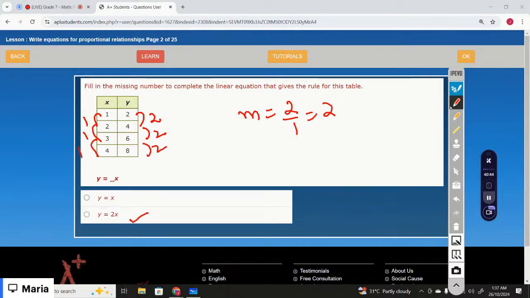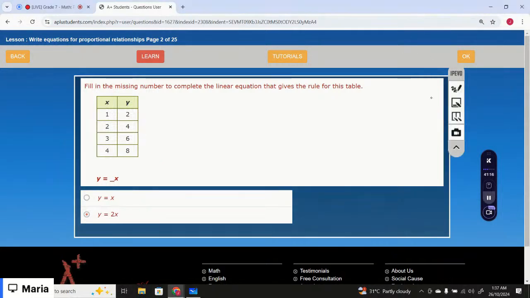So the correct option is y equals 2x, and obviously b would be 0. Option number 2 is the correct option.